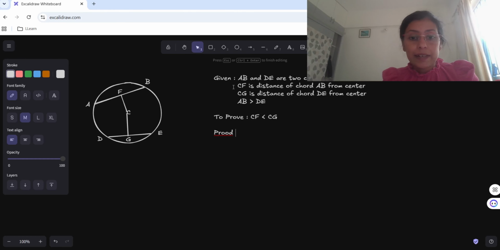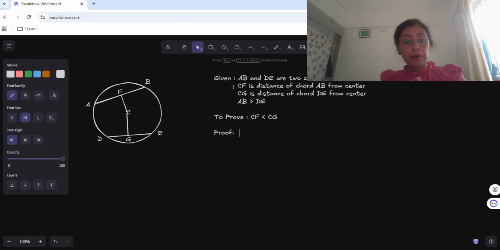So let's get started on the proof. Okay. So what all we know so far? We know that CF is a perpendicular bisector of AB. Why? Because when we talk about the distance of a point from a line, we draw a perpendicular from that point to the line, right?